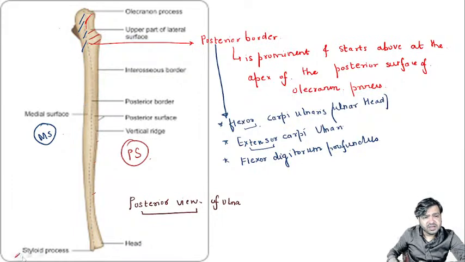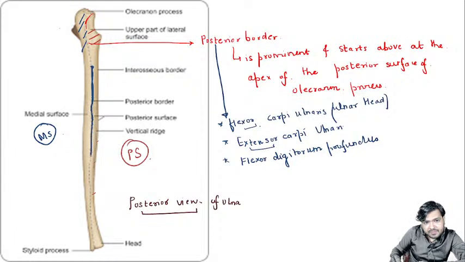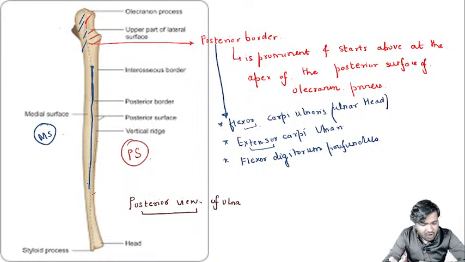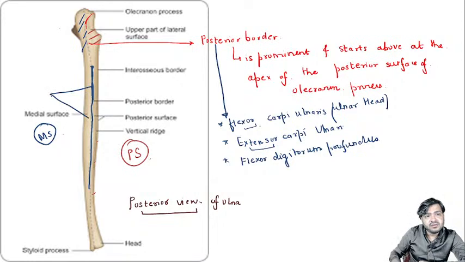You can see the posterior border over here, on the posterior surface, and this is the muscle which will be arising from these posterior surfaces, basically as a common aponeurosis. Now, can anyone tell me what you mean by the term aponeurosis? I have already discussed it.